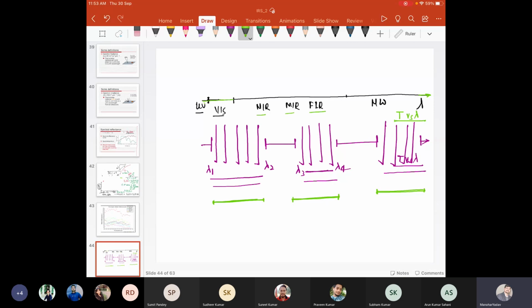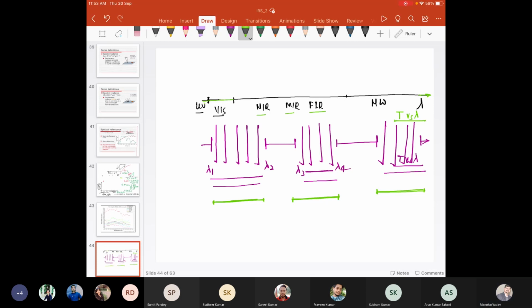If you remember this plot, then you remember the atmospheric windows. And if you recall the conclusion that we derived from this discussion, we can only design the sensor within the atmospheric window.